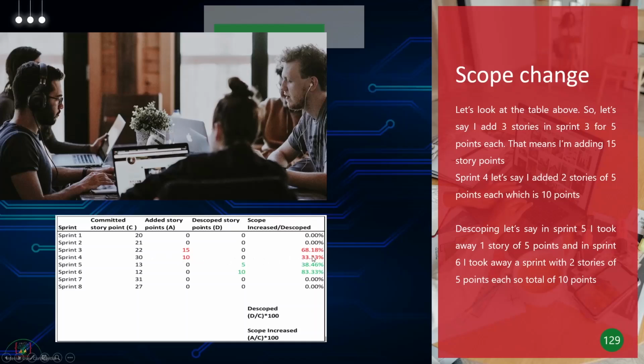In sprint 3, we added stories, so the scope increased 68%, and then sprint 4, we added 10 story points, it increased 33%, and similarly in sprint 5, we descoped it, the stories decreased by approximately 38.46%, and sprint 6, it's decreased by 83.33%.